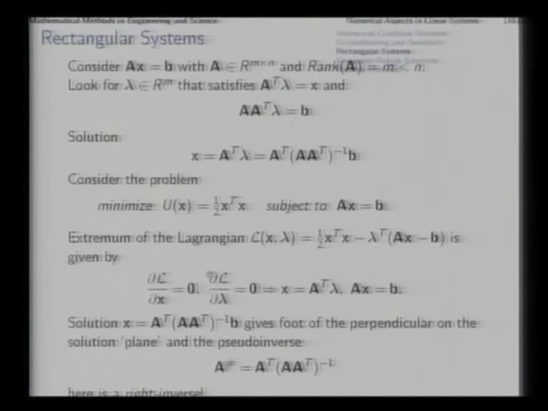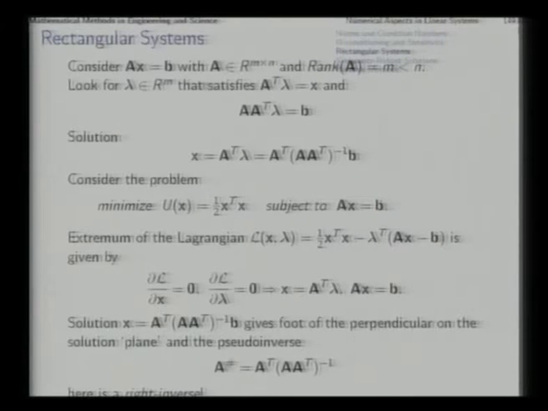When you apply that condition through differentiation, the gradient with respect to x gives you x minus A transpose lambda equal to 0, which is what we assumed here, and the gradient with respect to lambda equal to 0 tells you A x minus b equal to 0, which is the original system of equations, and these are the two systems of equations, the solution of which has been found here in this manner, right.